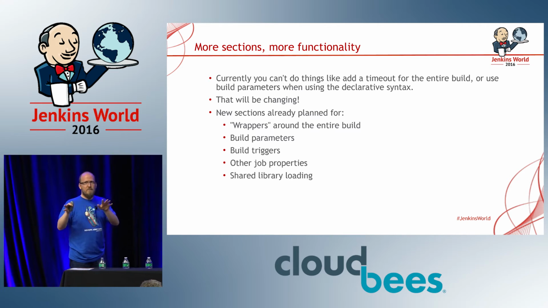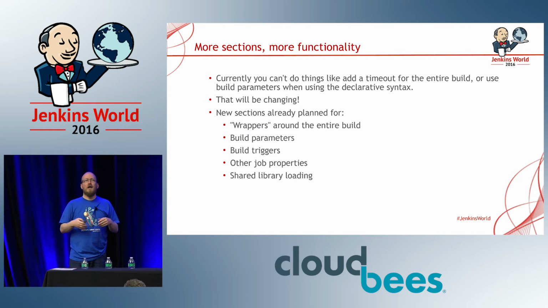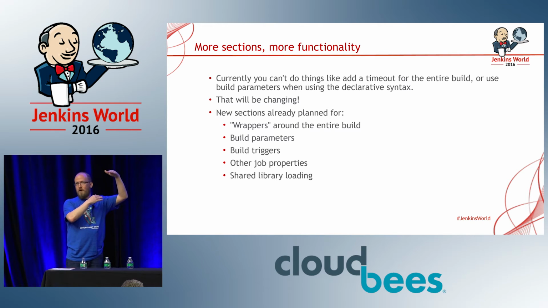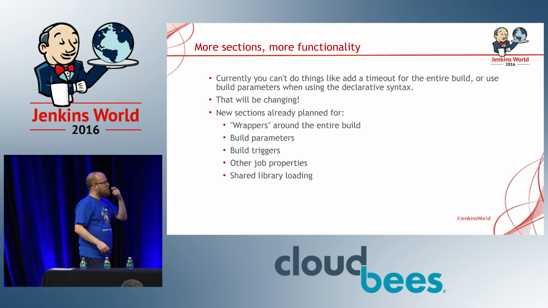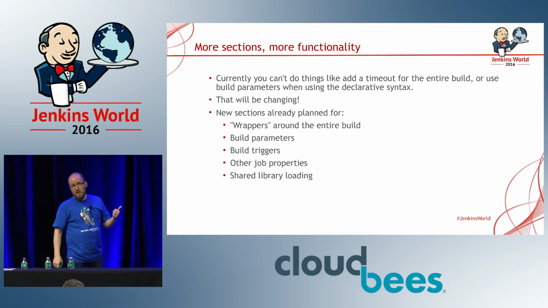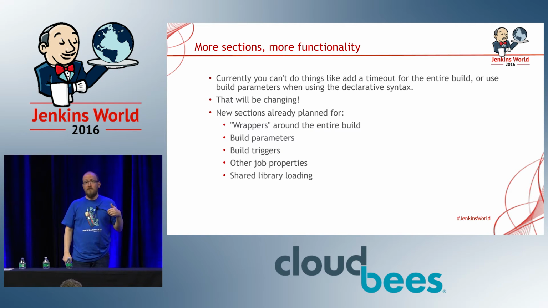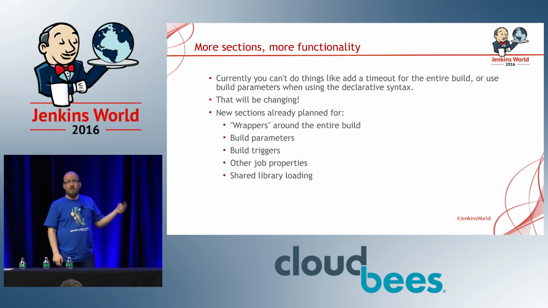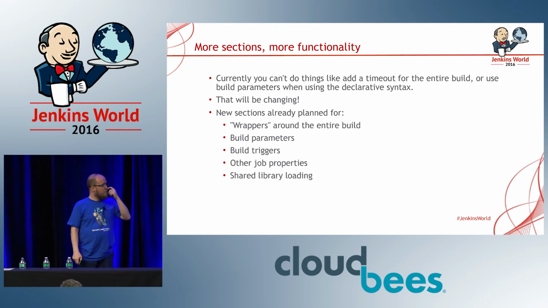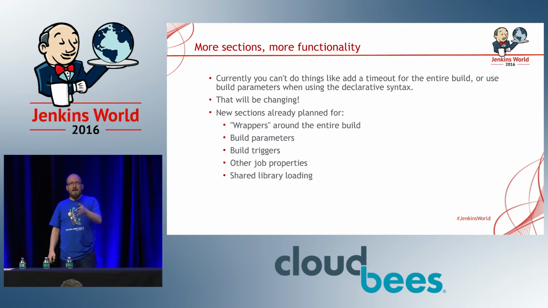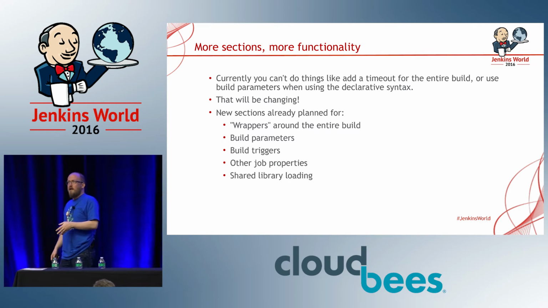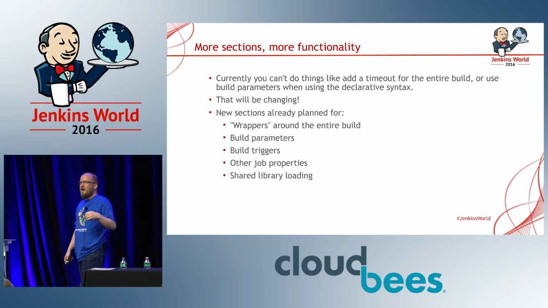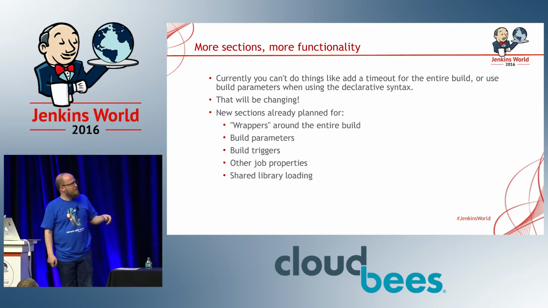It's not exactly build wrappers, but stuff like the timeout block that runs around your entire build and makes sure things happen. Build parameters, defining those for subsequent builds. Build triggers, again, for when you're running from a multi-branch pipeline or a GitHub organization job, so you can say run every 10 minutes or don't run ever or whatever. And other miscellaneous job properties.